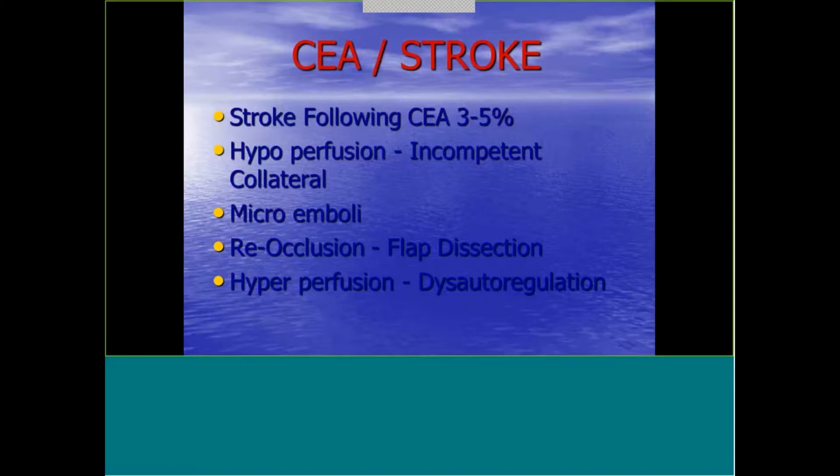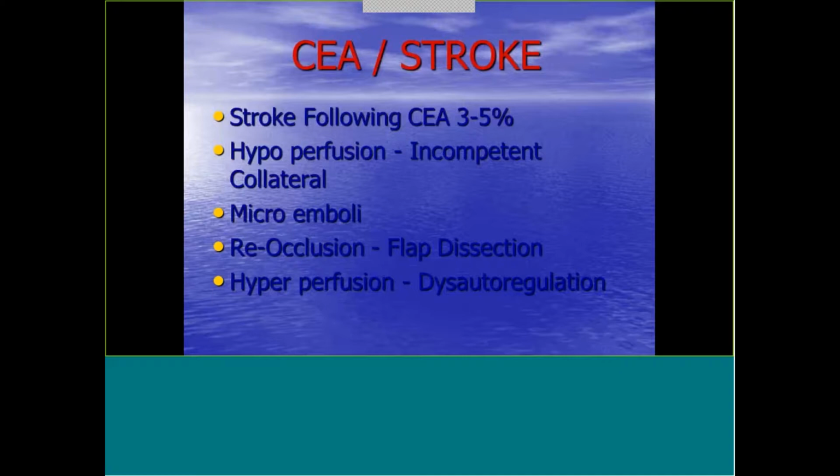Okay, so stroke following endarterectomy happens in 3 to 5% of people. So if you're scheduled for a carotid, the doctor's going to tell you, I'm going to do this, and we're going to get that plaque out of your neck, and I just want you to know before going in, you have a less than 5% chance you might have a stroke.